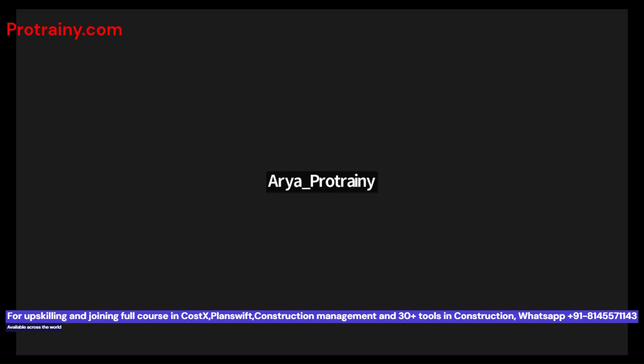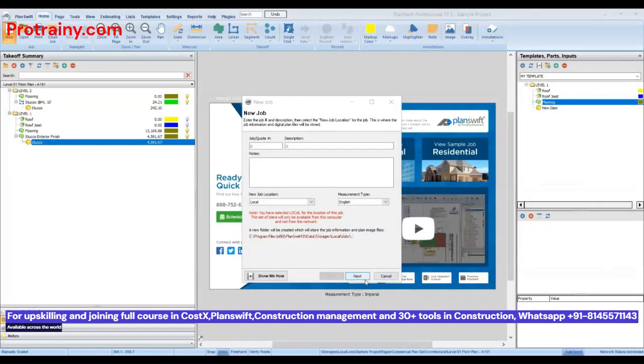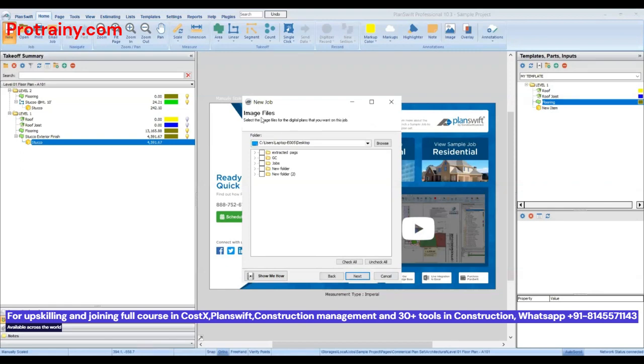Like in this new job, you can see, wait, I'm not sharing my screen. You can select image files for digital plans that you want on this job. So you can either select images or PDFs for PlanSwift.